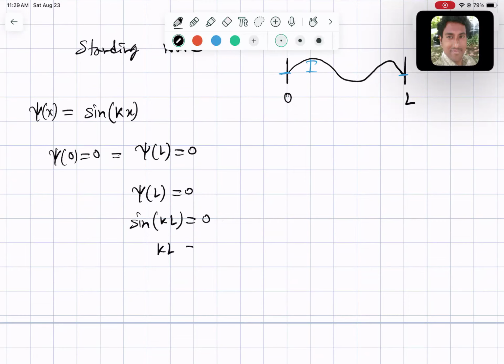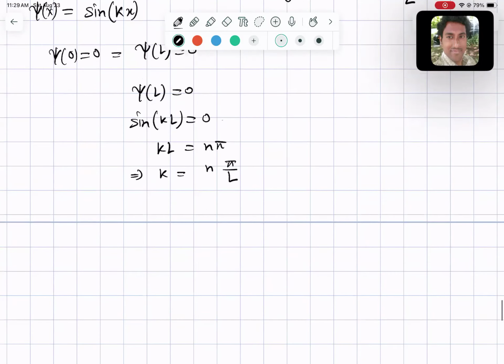KL is n pi. Does it make sense? KL is n pi. Then we get the condition satisfied. So K is n pi over L. Okay. Question? No. All right. This is for 1D case.